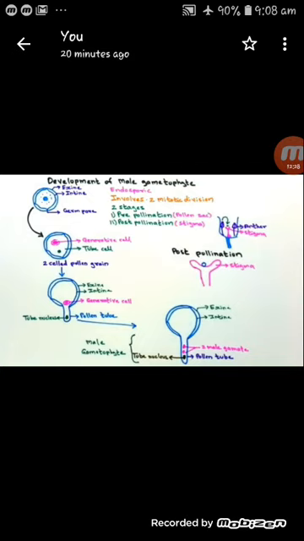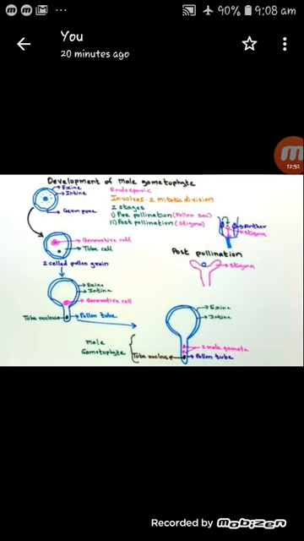Okay, look at the diagram. Two-celled pollen grain before pollination in the pollen sac. Second step में क्या होता है? Second stage, pollination on the stigma. ये pollen tube बनता है.